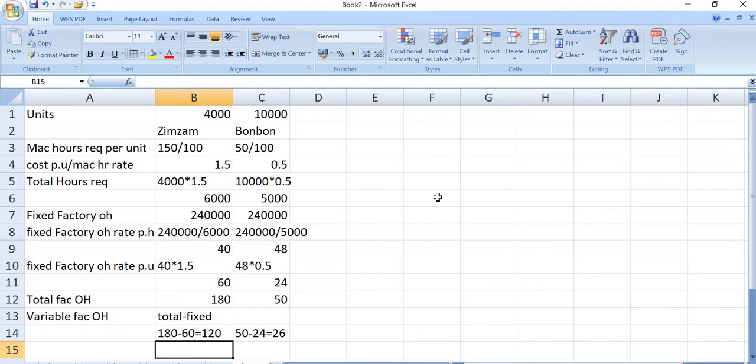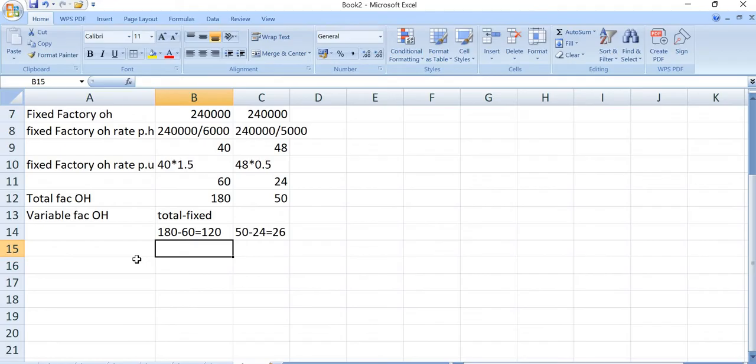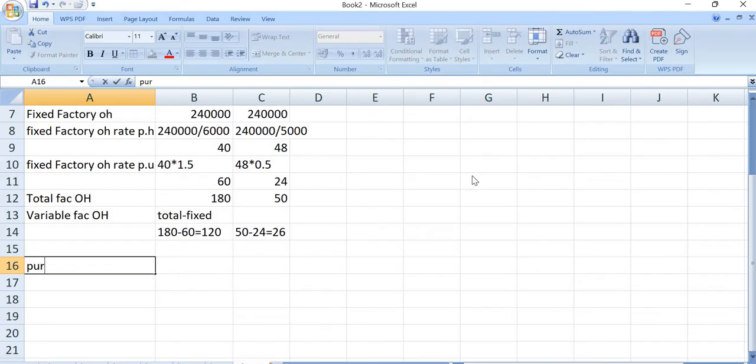So now I can calculate whether producing Zimzam is better or purchasing Zimzam is better. I want to decide it first. This decision will be made purely based on machine hours, because machine hours are my key factor, right? So first I am calculating purchasing Zimzam from SB Limited.